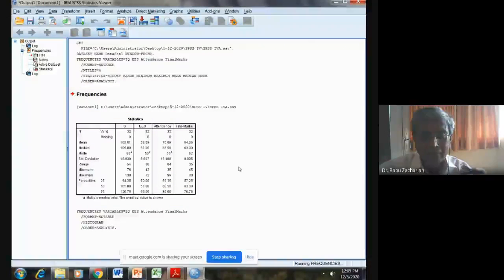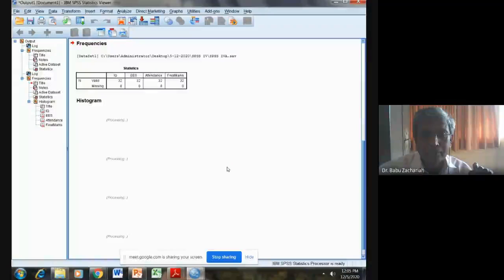Graphs usually take a little time. It is coming up, I think. Because four graphs are there, it is taking a little more time.